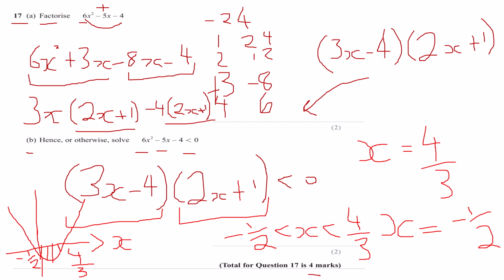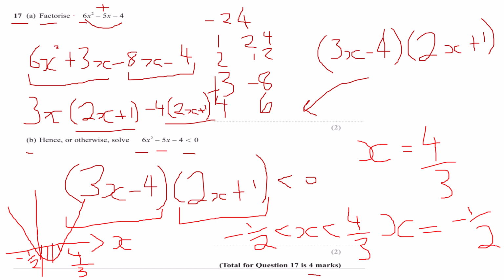Part B is definitely grade 8, grade 9 material, and part A I would say is probably grade 7, grade 8, for factorizing harder quadratics where the coefficient of x squared is not equal to 1. I did that using the splitting the middle term method, or the AC method.